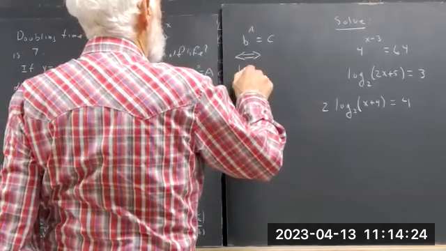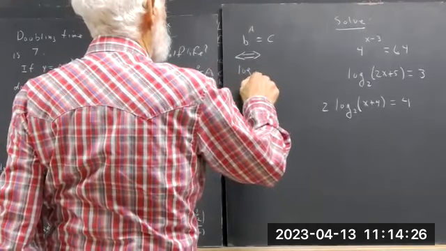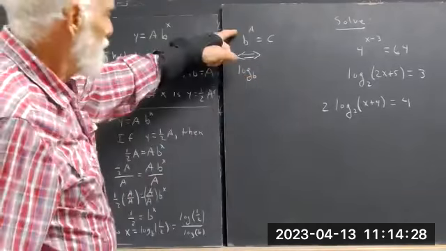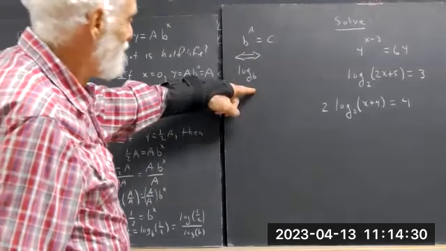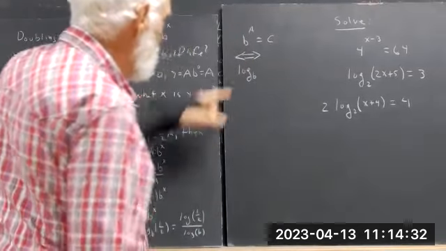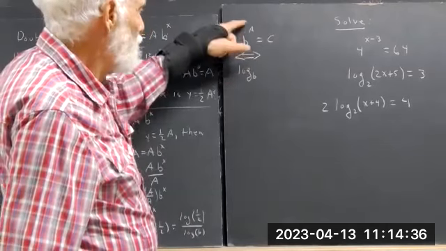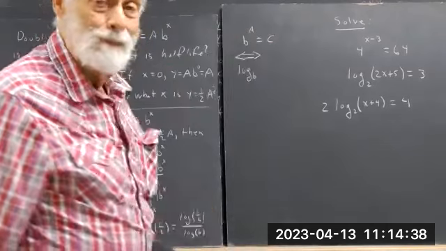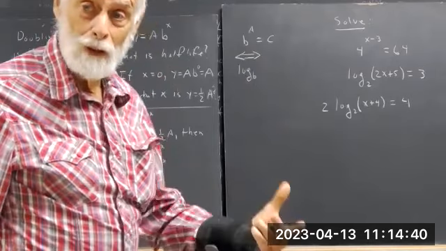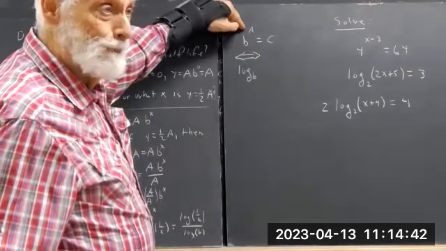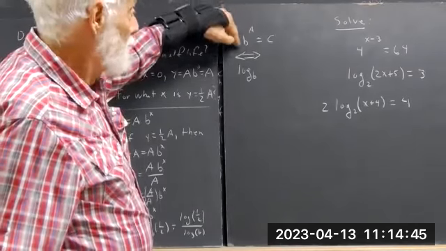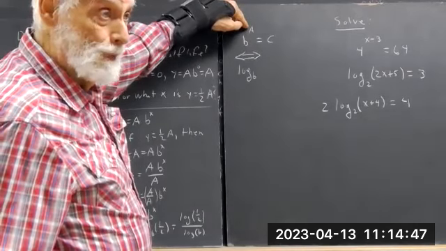This would be log base B. And if you remember that B is the base, then it's a little easier to remember this part of the rule. Then it's just a matter of where does A go and where does C go. And one way to think of this is if you're trying to solve for A, you can't do it when A is your exponent.